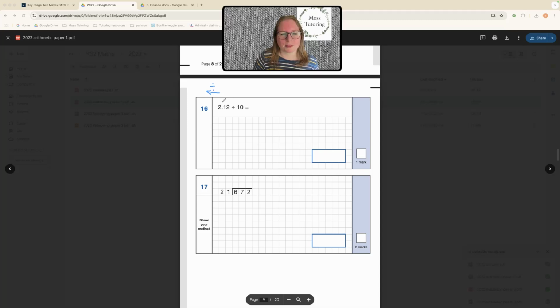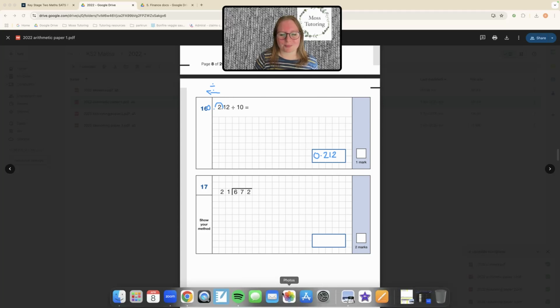So we're going to literally just divide it by 10 and make it go that way to make this answer. Let's put the decimal point here, and the 0 can go there to make our answer 0.212. So well done if that's the answer that you got for that one.